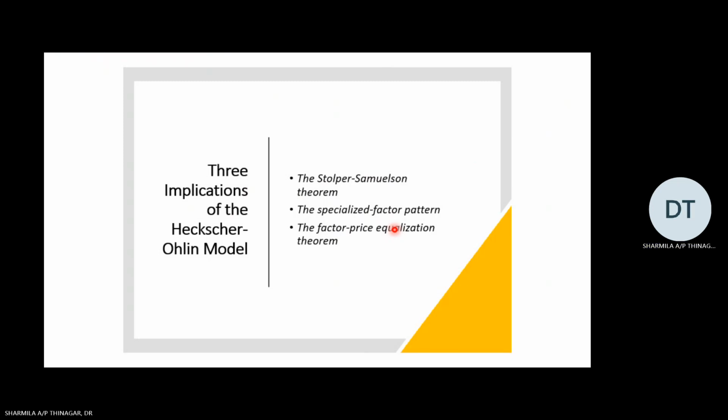Then the factor price equalization, right? This is something that, like I mentioned just now, people don't agree with. For example, I'm working in Malaysia, getting salary in ringgit Malaysia. I cannot expect someone with the same qualification as me to get the same salary in the US.